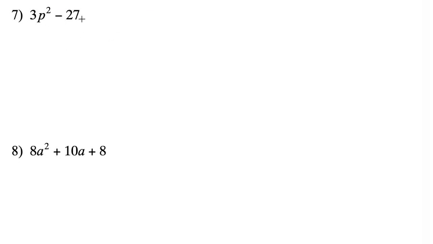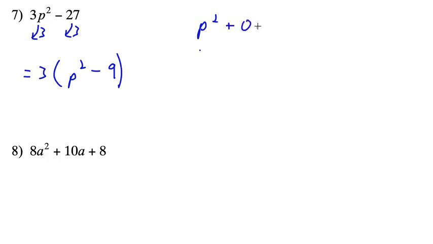All right, once again, here we have a binomial. Let's first check to see if we can factor out a common factor. In this case, they're both divisible by 3. So let's go ahead and do that. 3p squared divided by 3 is equal to p squared, and 27 divided by 3 is equal to 9. Now, before we stop, we always need to ask ourselves if we can continue factoring. Let's check. Now remember, p squared minus 9 is the same as p squared plus 0p minus 9.